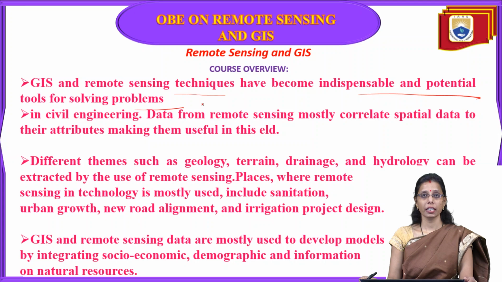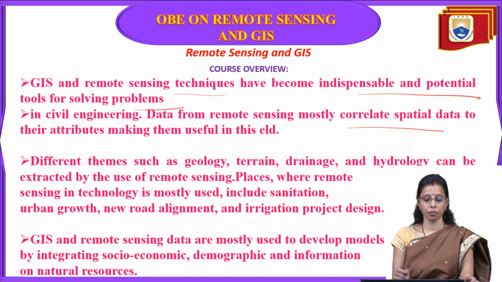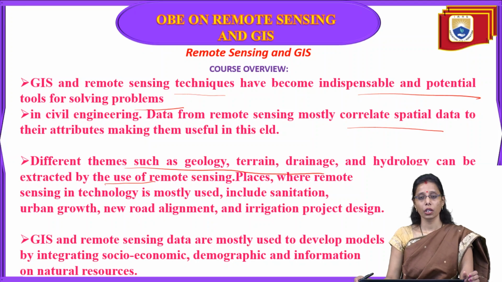In civil engineering, data from remote sensing mostly correlates spatial data to their attributes, making them useful in this field. Different themes such as geology, terrain, drainage and hydrology can be extracted using remote sensing.